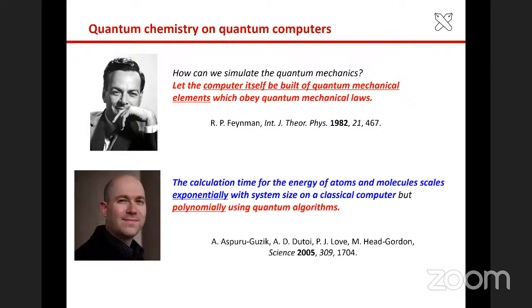And we have a quantum algorithm, which was first developed by Aspuru-Guzik in 2005. By using this kind of approach, the calculation time for the energy of an atom or molecule scales exponentially with the system size on a classical computer. This means that full CI on a classical computer scales exponentially with the system size, but it becomes polynomial using a quantum algorithm.